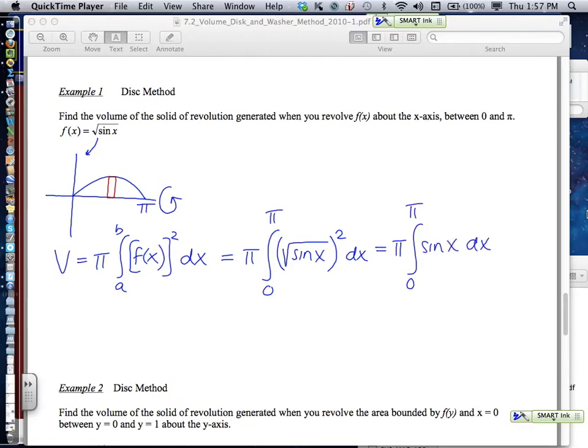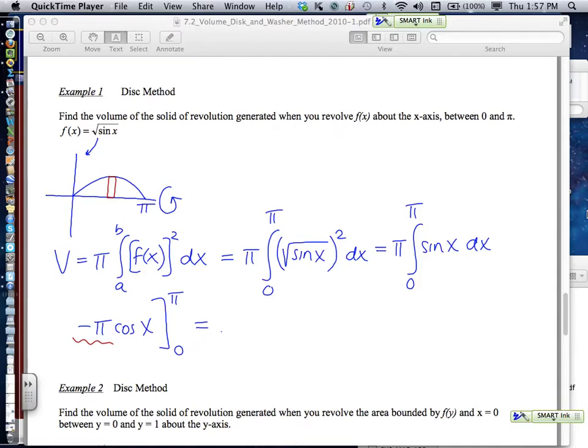dx. And then the integral of sine is negative cosine. So I have negative pi cosine x. And I'm going to evaluate that from 0 to pi. What I would suggest as you evaluate these, to make this a little easier for yourself, is leave this negative pi out front, and just evaluate the variable part, because you can factor out a constant.